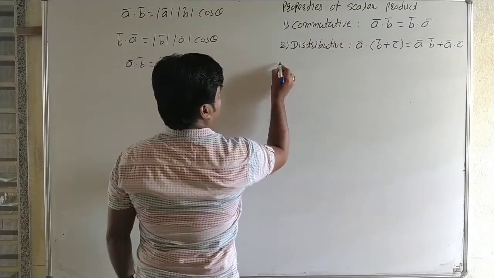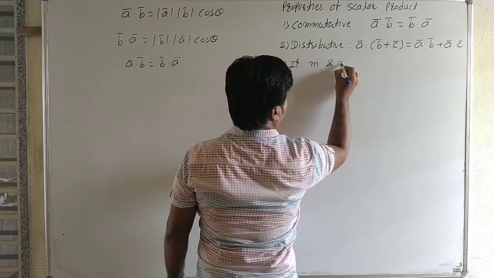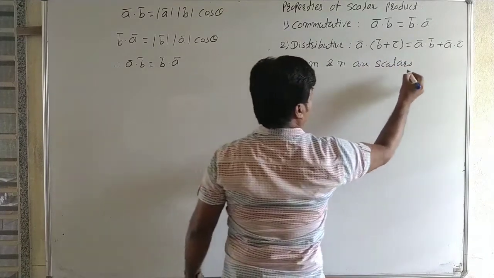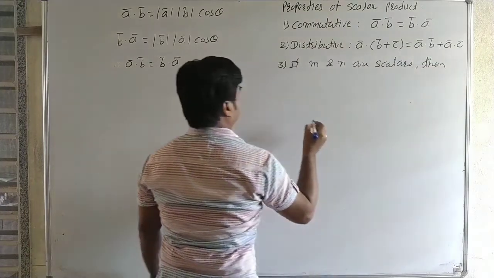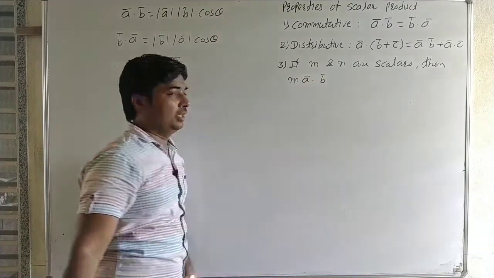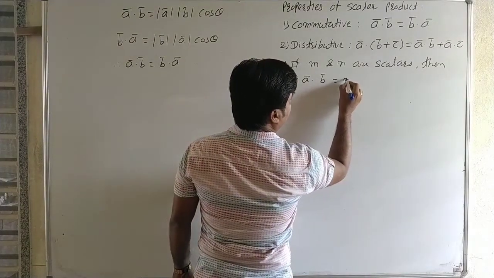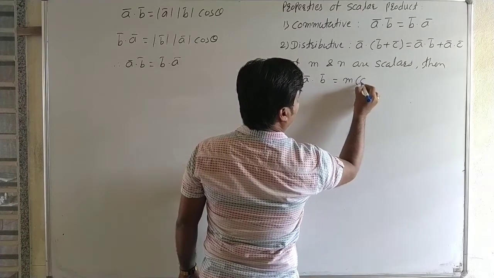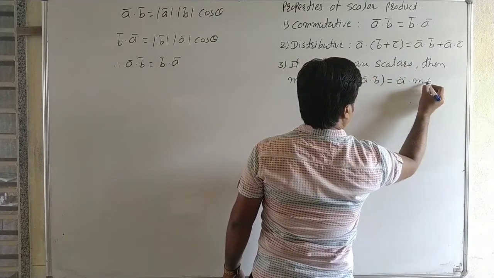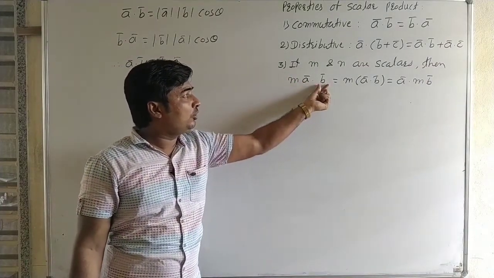Now if m and n are scalars, then m into (a bar dot b bar) is equal to (m into a bar) dot b bar, or a bar dot (m into b bar), because m is a scalar into a vector, so it is a vector dot vector, it is a dot product.